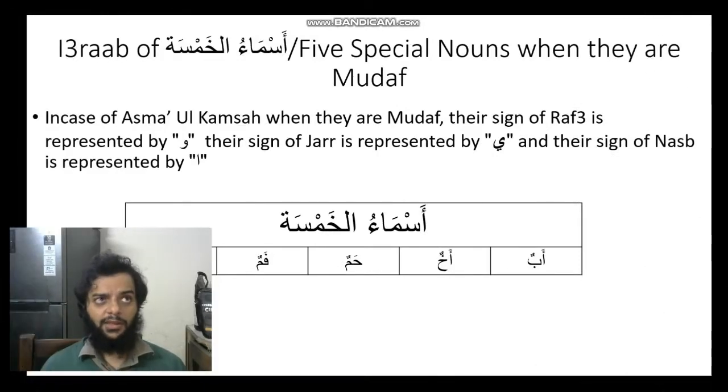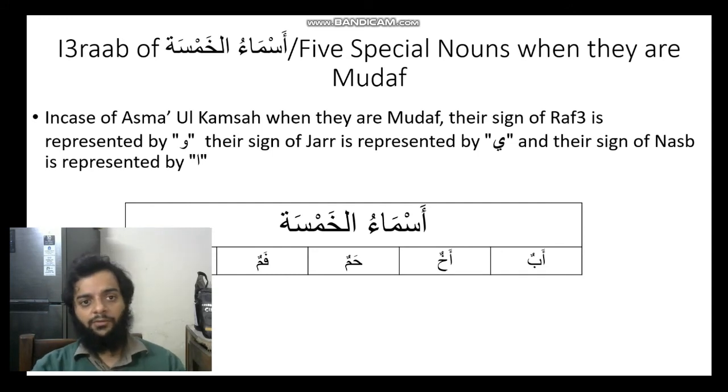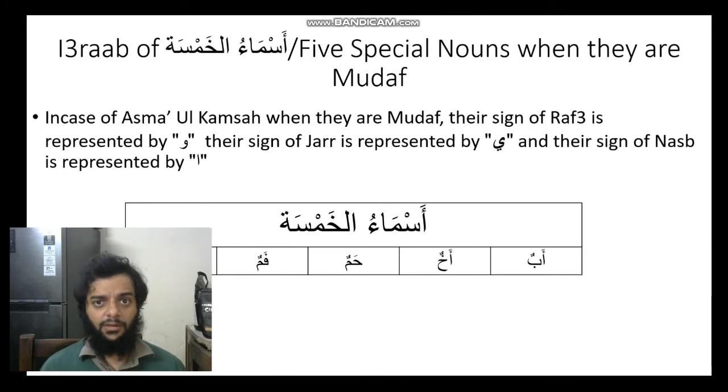Now this is basically the final category which I wrote, that is Iraab of Asma Ul Khamsa, which you can basically translate as five special nouns. The Iraab of Asma Ul Khamsa will be normal like any other word, but if they are mudaf, then their Iraab will change, which I will explain.